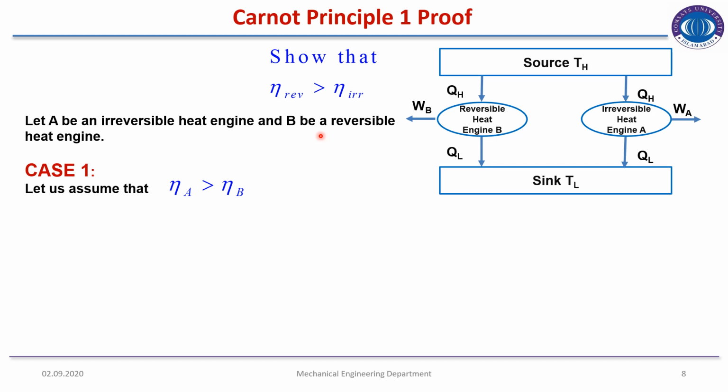So if we prove that the efficiency of the irreversible heat engine being greater than the efficiency of the reversible heat engine is wrong, and if we prove that the efficiencies being equal is wrong, then it means that the efficiency of the reversible is greater than the efficiency of the irreversible.